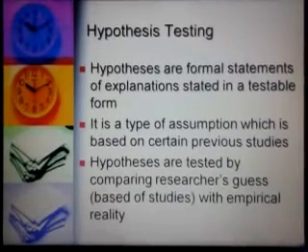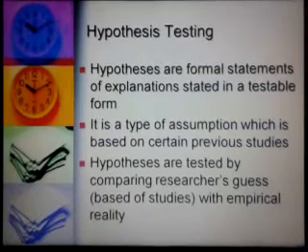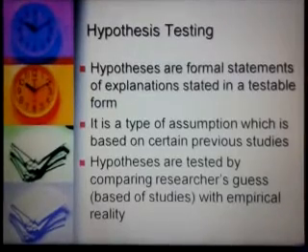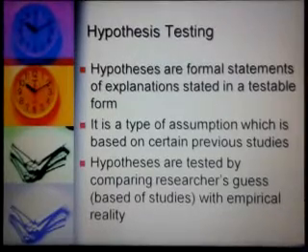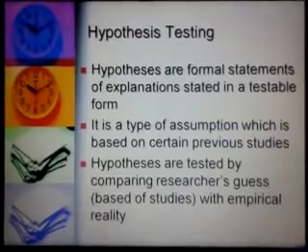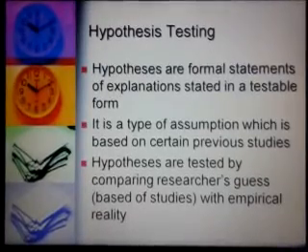Then we assume that these two variables are related, and then we go ahead with an empirical study. We go for observation or experiments, and then we try to find out whether that relationship established in theories is actually there or not. So if it is there, then it means our assumption is supported, otherwise it is not supported.